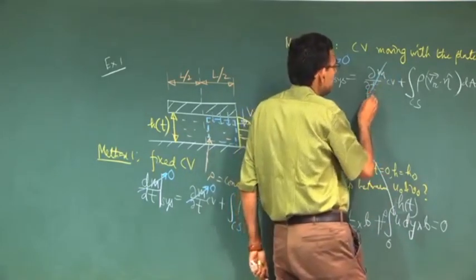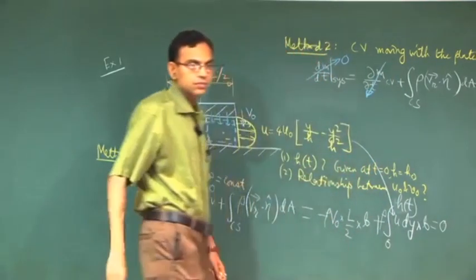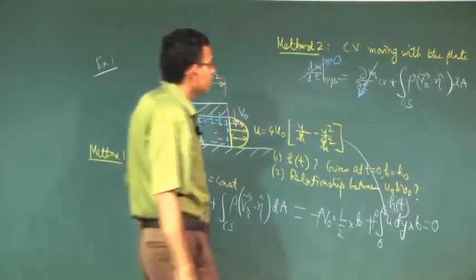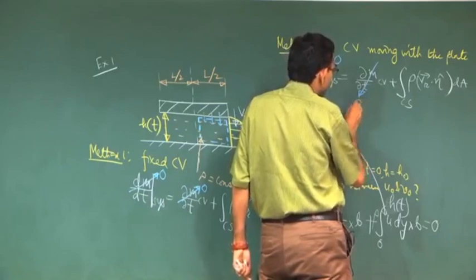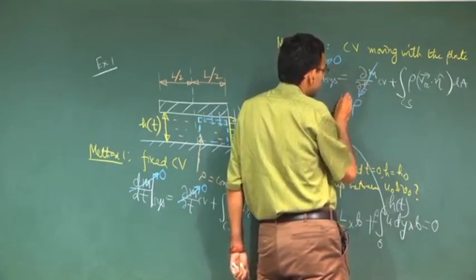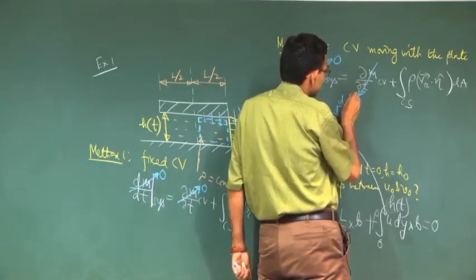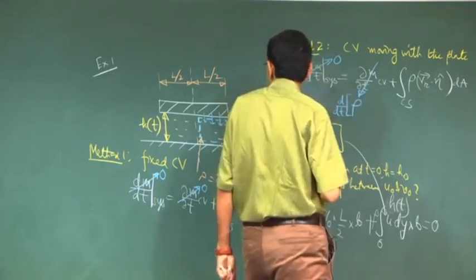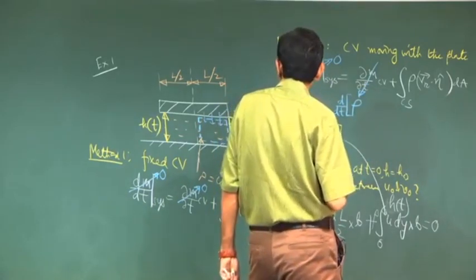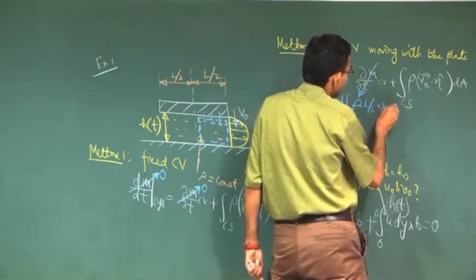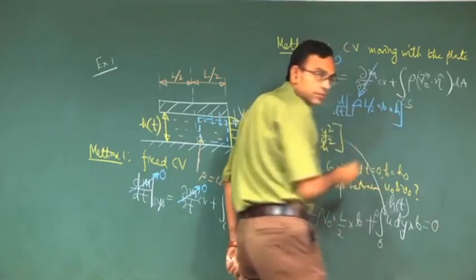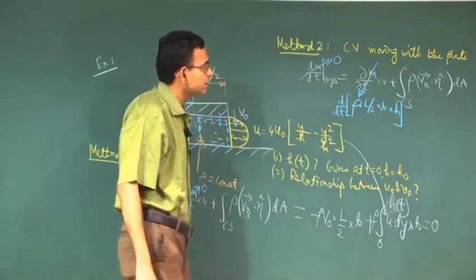So what will be this term? Assuming rho to be uniform, this will be just an ordinary derivative, d dt of rho into L by 2 into B into H, right.